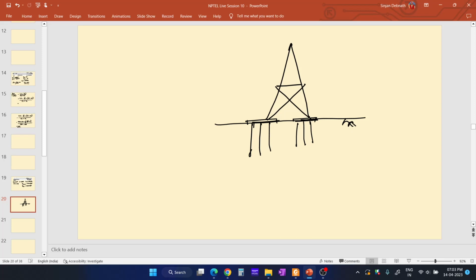Now suppose high winds are flowing, wind load is very high in this case, and this will try to rotate this transmission tower like this, due to which this pile will tend to move upwards. The pile tends to get uplifted.